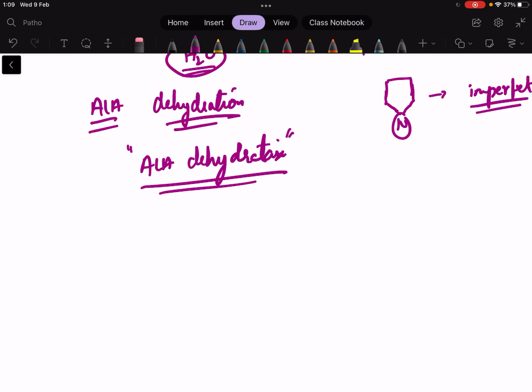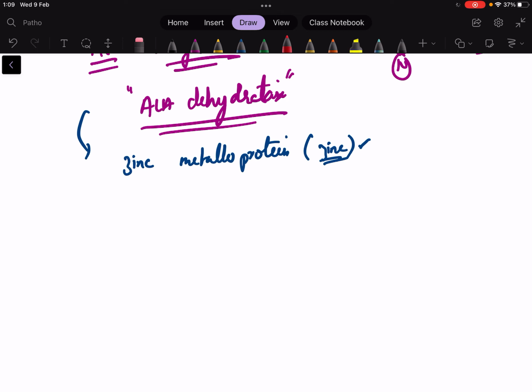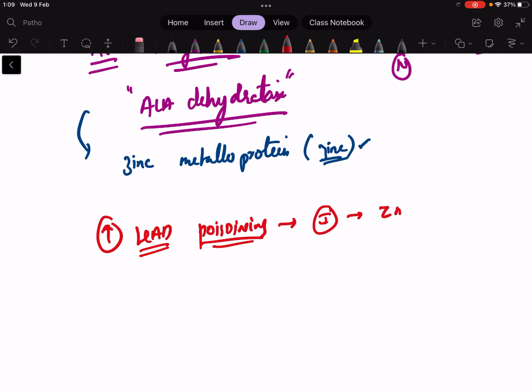And this ALA dehydratase, it is a zinc metalloprotein. It means we need zinc in order to make this enzyme function. Okay, and not only that, if there are increased concentrations of lead in your body, or there is lead poisoning in body, this can inhibit your zinc metalloprotein, which is your ALA dehydratase.